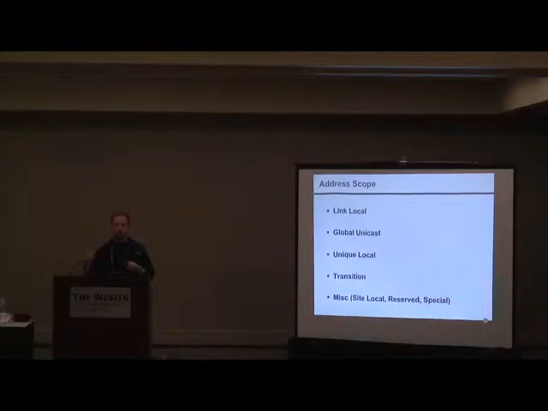Unique local, which is more or less analogous to RFC 1918. And we have various transitional styles of addresses that are used as we move from a primarily v4 network to a primarily v6 network. We also have various other miscellaneous things. Site local, which has been deprecated. There are certain reserved types of addresses, just like there are certain reserved well-known ports.